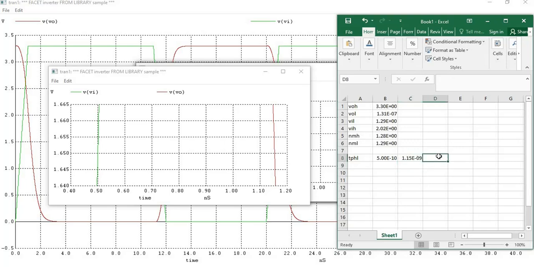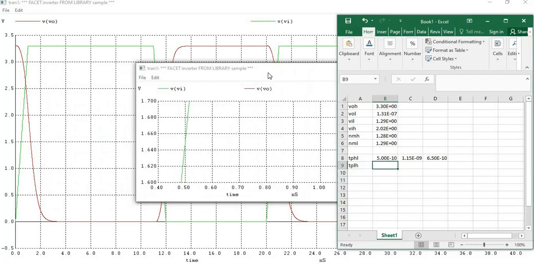So to get the value for TPHL, it is equal to this value minus this value. Now for TPLH, the low to high transition.